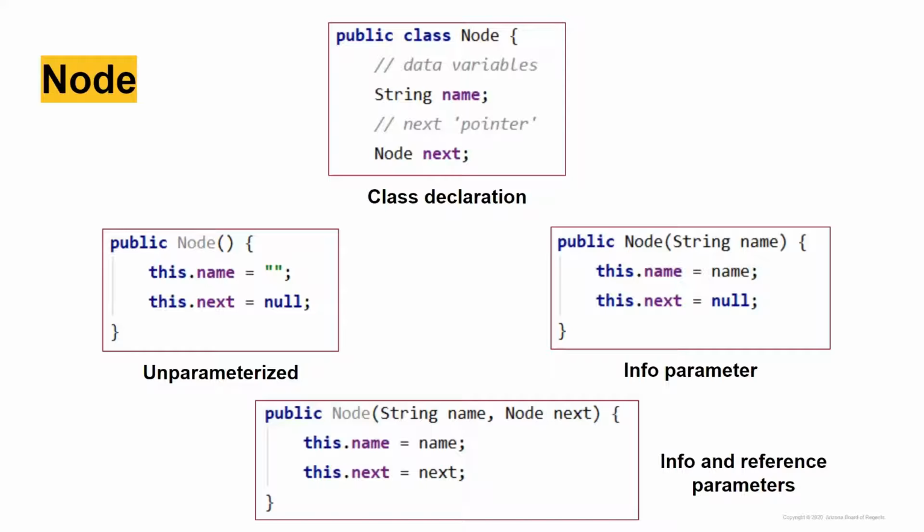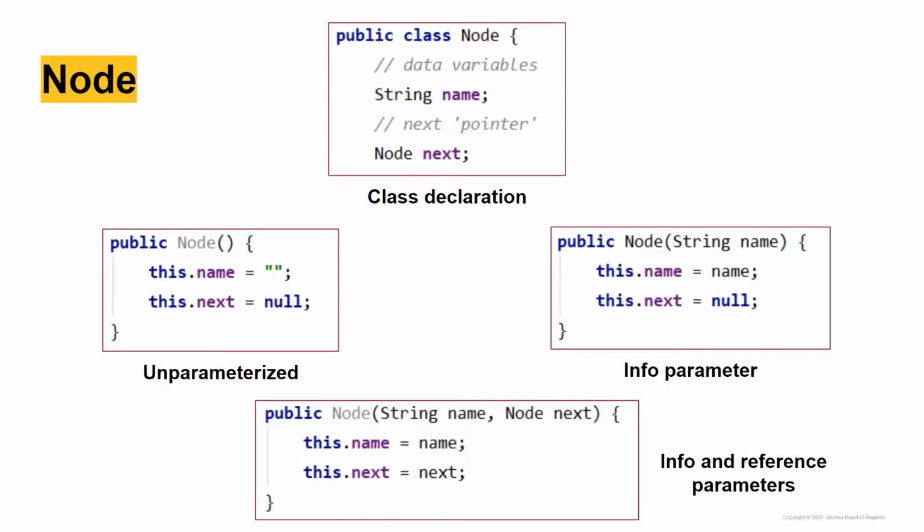So in this example, we are passing in a string called name, and we're assigning this dot name equal to name. And then we're just setting the next pointer or next reference to null because we don't know what it is yet. And then down here on the bottom, we have the constructor which accepts both information and the next object reference as parameters.